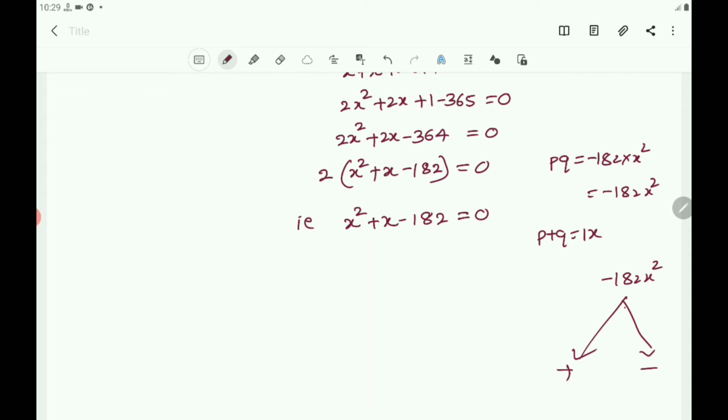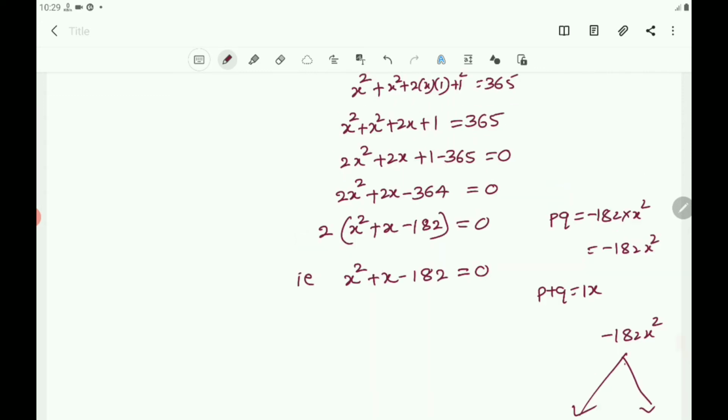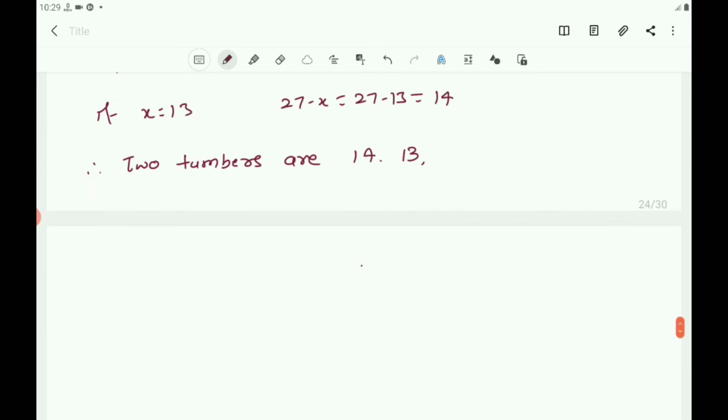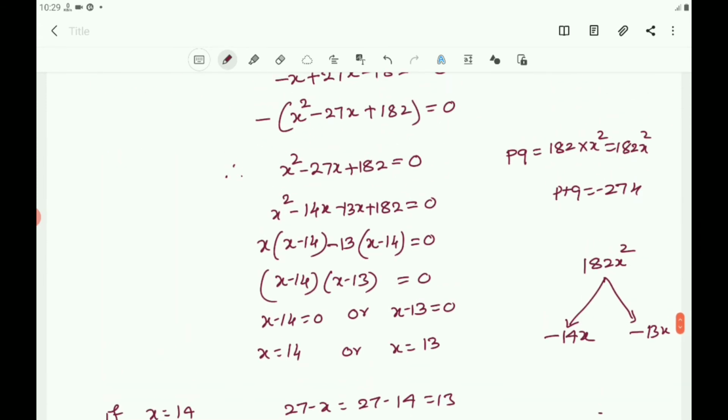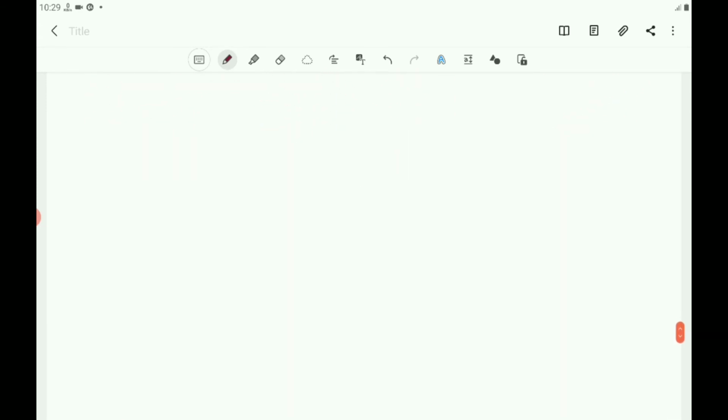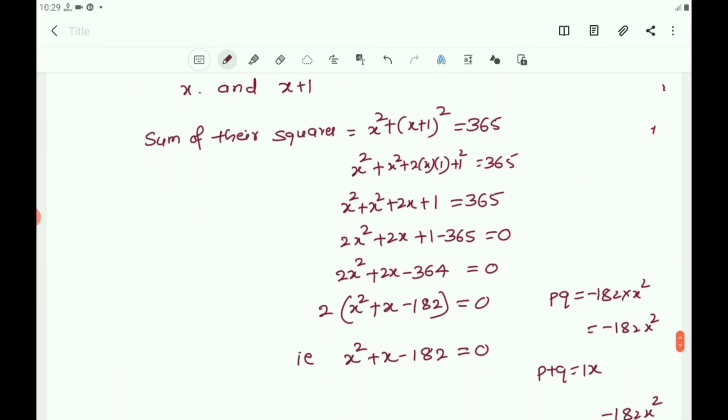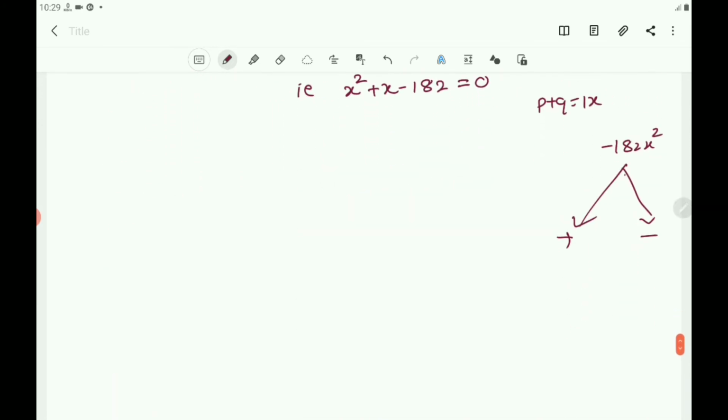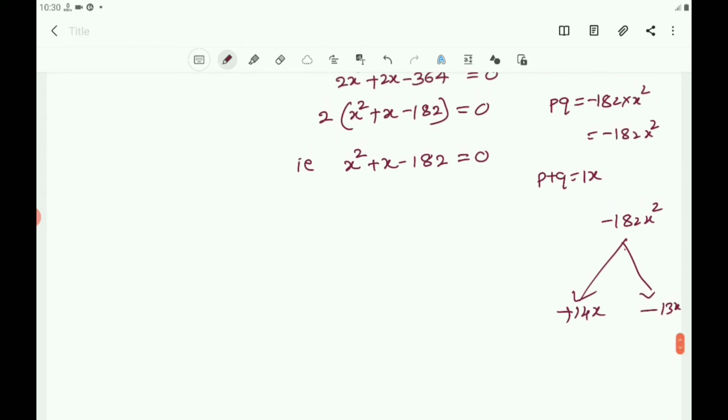In the previous question you got that 182 has factors 14 and 13. Here also the same factors are okay. So you write plus 14x minus 13x. In the previous question you took 14 plus 13; here the sum is 1x, so you take plus 14x minus 13x.